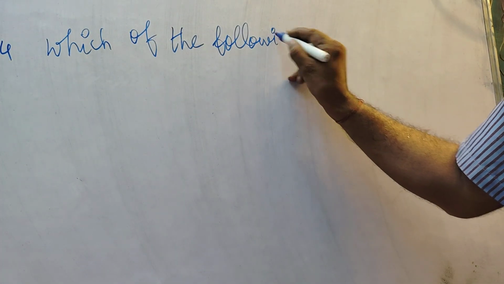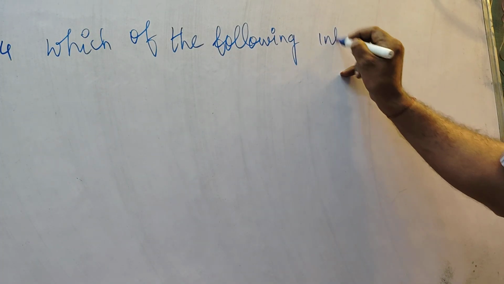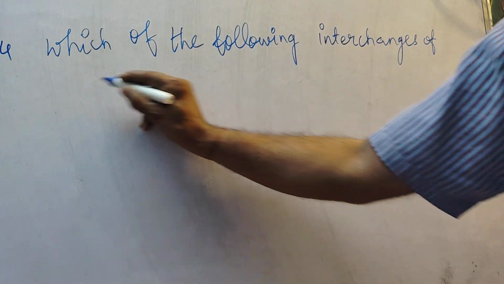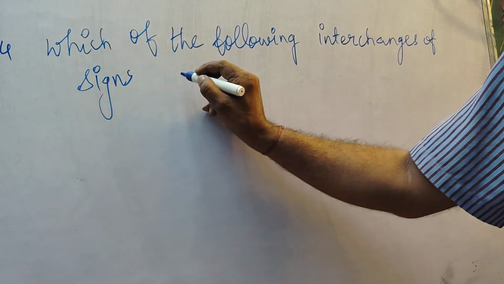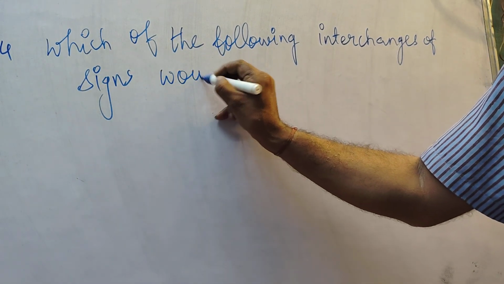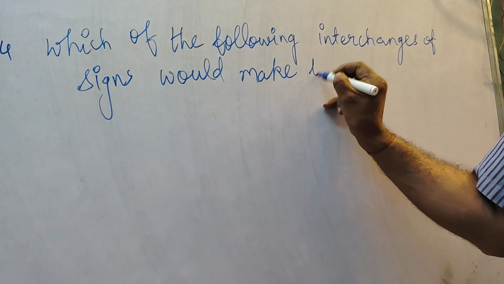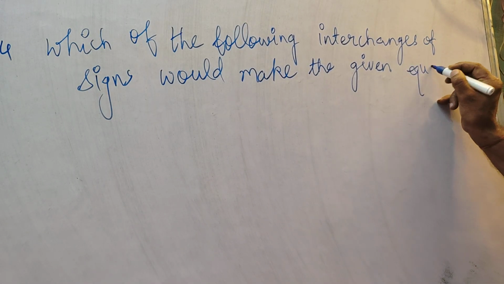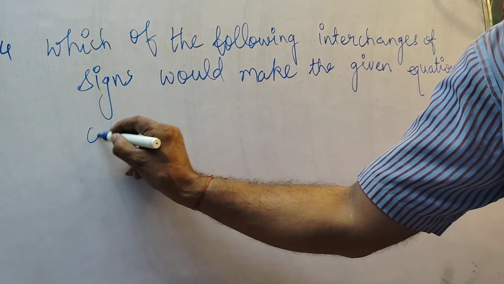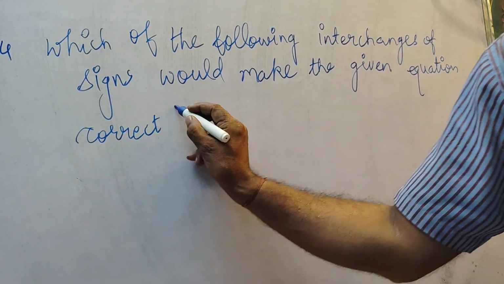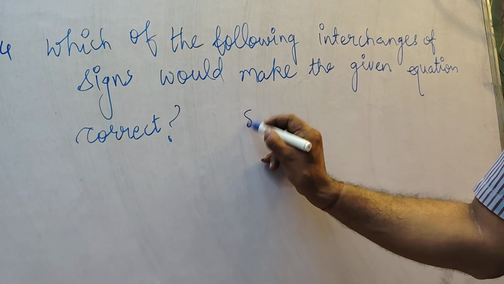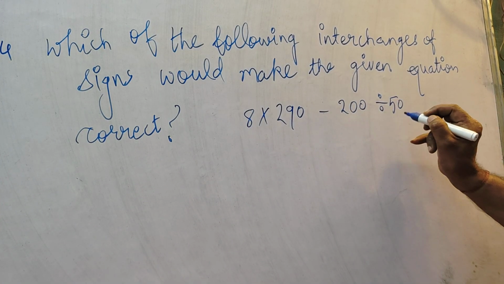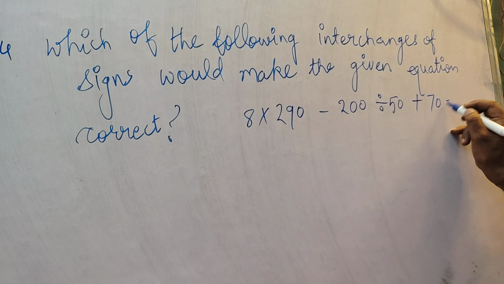Which of the following interchanges of signs would make the given equation correct? 8 multiply 290 minus 200 divide 50 plus 70 equals 18.